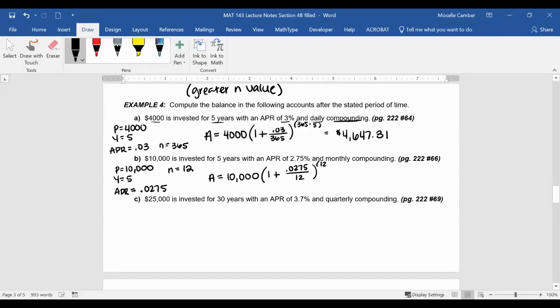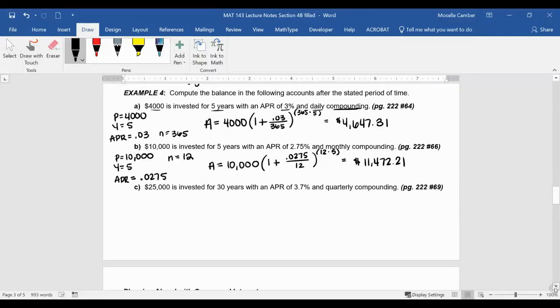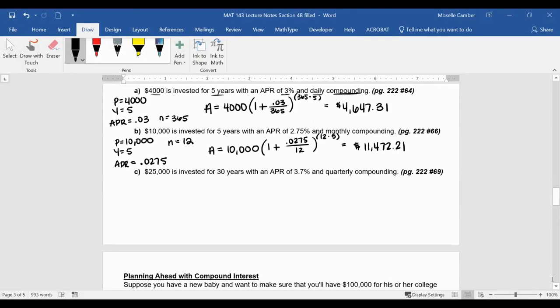That's going to be raised the number of times per year times the number of years. And then we put that in the calculator and we get $11,472.21. Okay, so in this account we'd have over $11,000 in the account after investing $10,000.